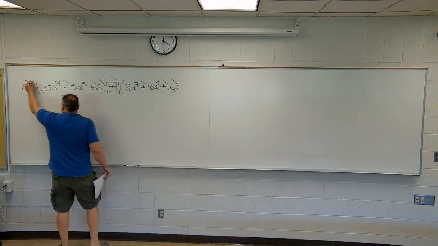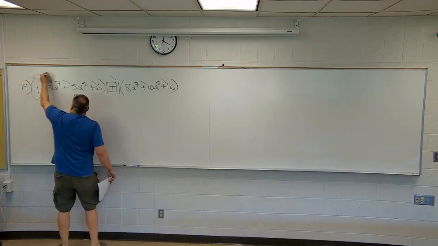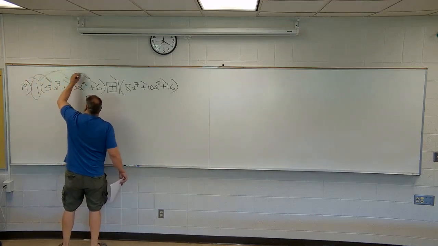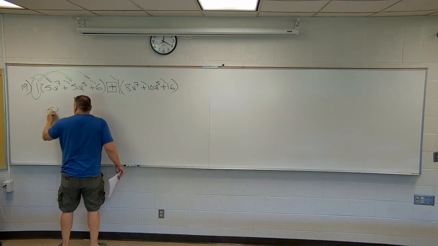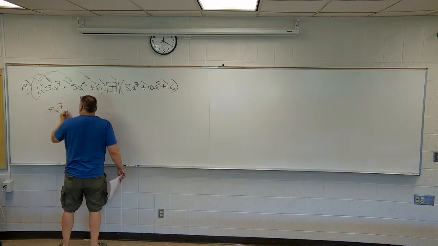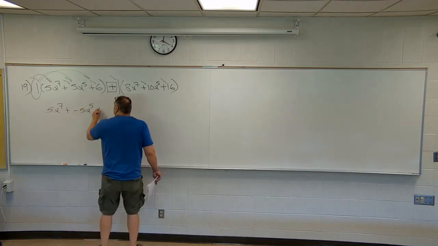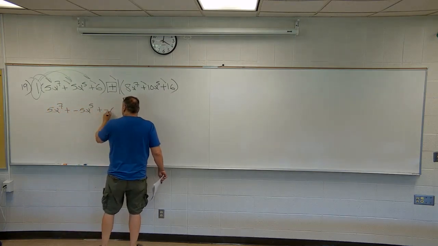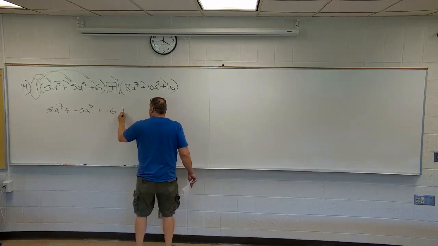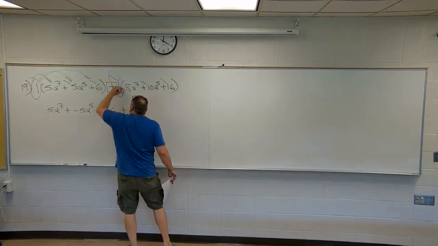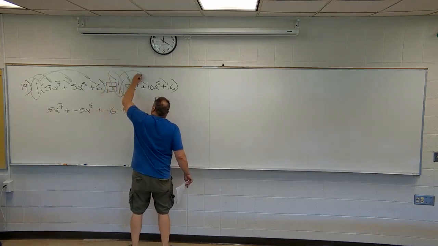If you take the 1 and distribute it, it's pretty easy, rather trivial. You get 5x to the 7th plus negative 5x to the 5th plus negative 6. Watch out. Be careful.